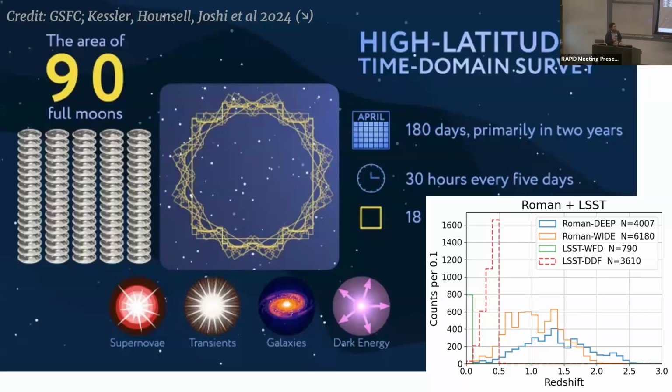The second part, which we also heard about earlier this morning, is that a great feature of Roman is that it can go to relatively high redshift. For high redshift, if we want to do image stacking, then the tool I'm talking about may be a good choice.